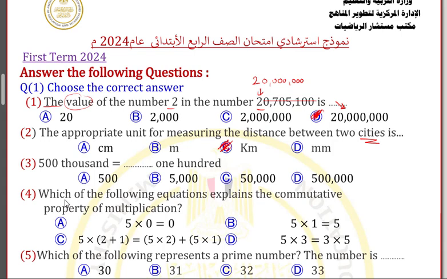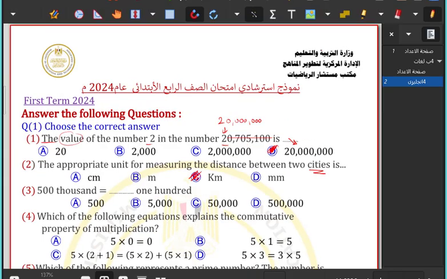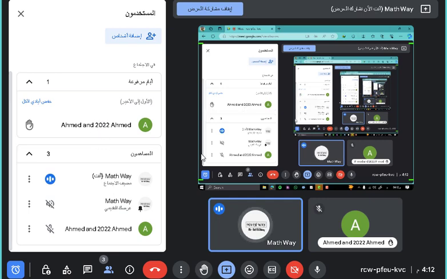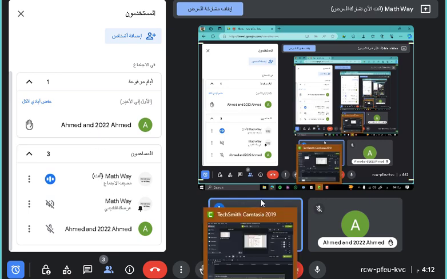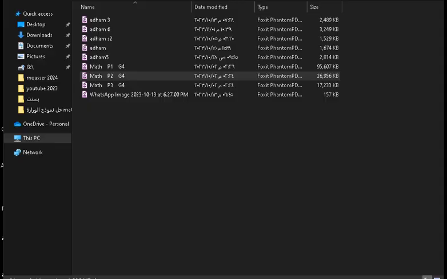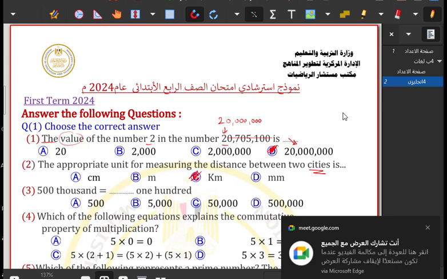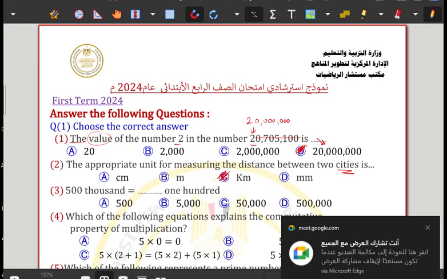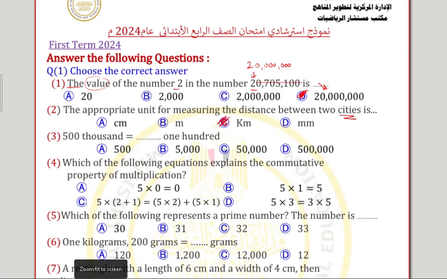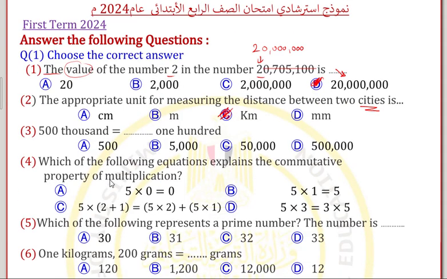Number 3, 500,000 equals how many hundreds? Okay, let's complete. 500,000 has 5 zeros, and 100 has 2 zeros.